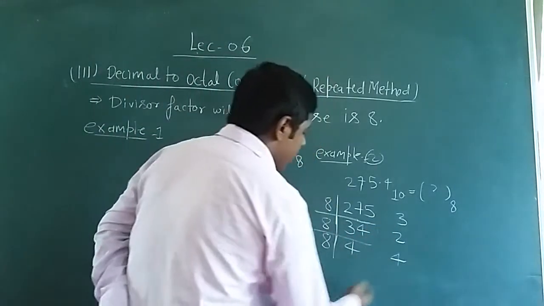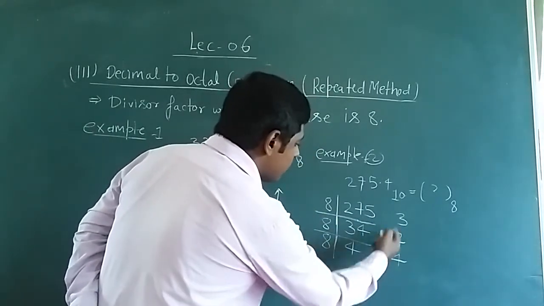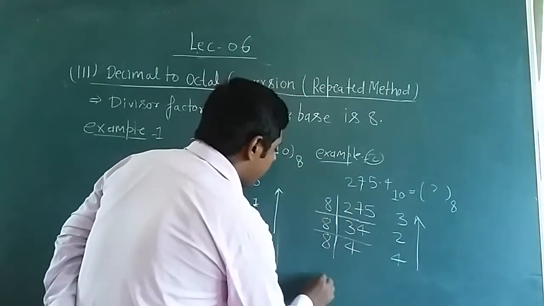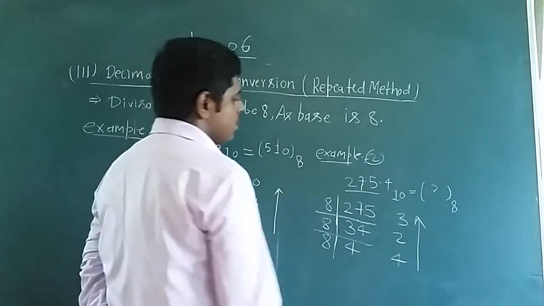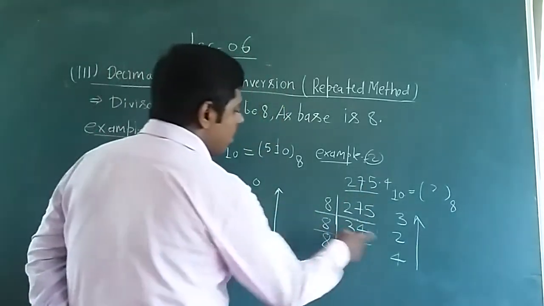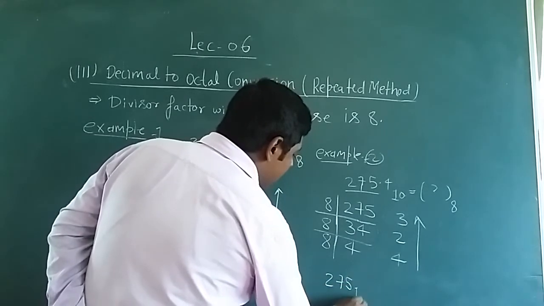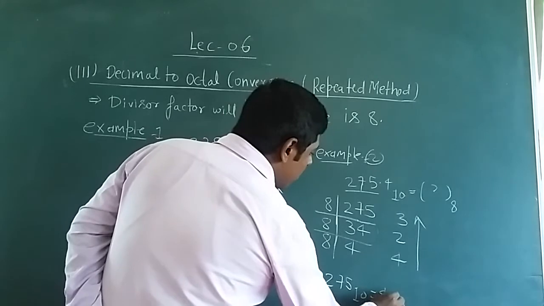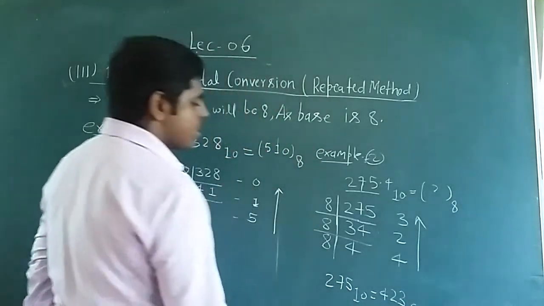As we have got this, this is the octal number of only this part. So we can write 275 base 10 equals 423 base 8.